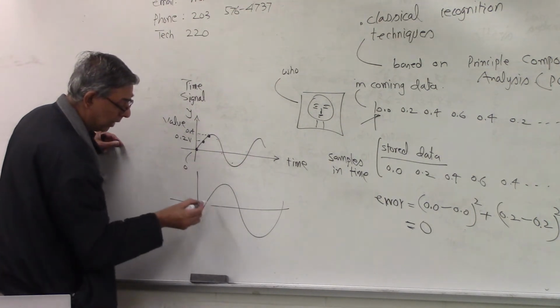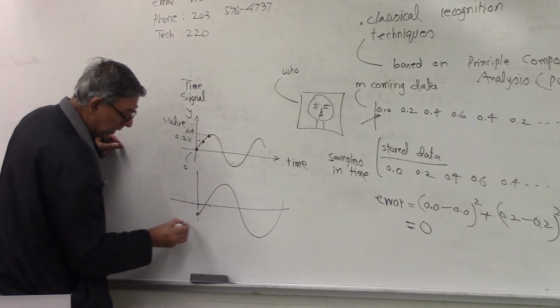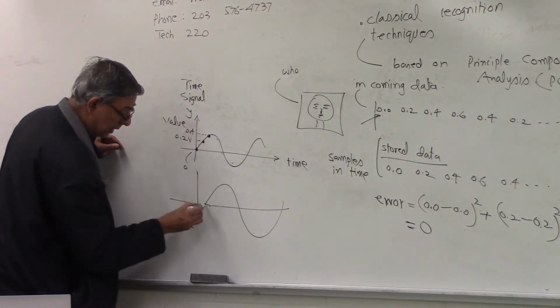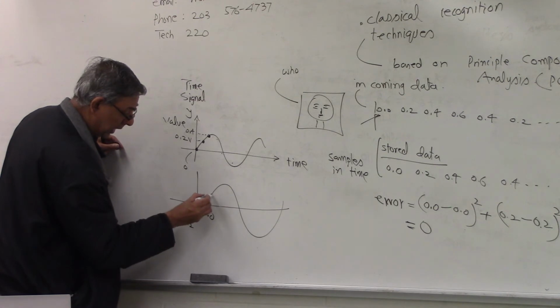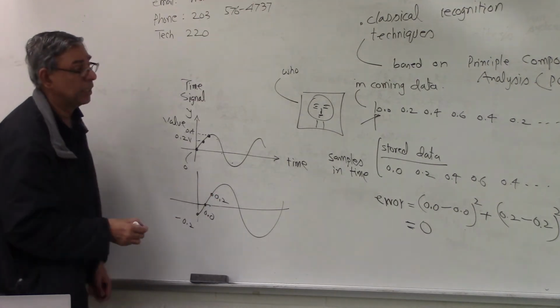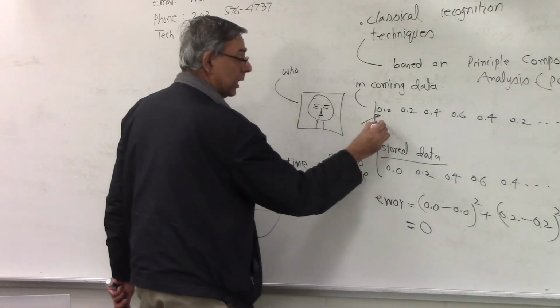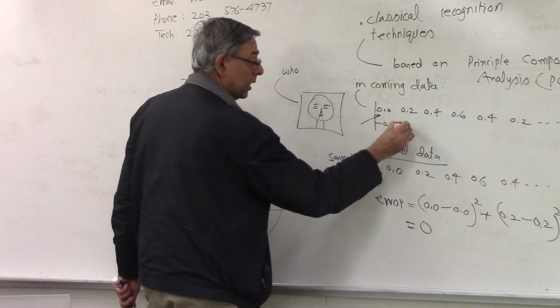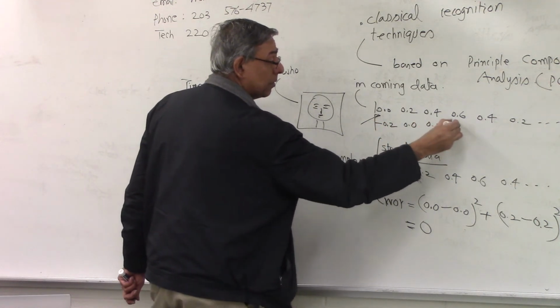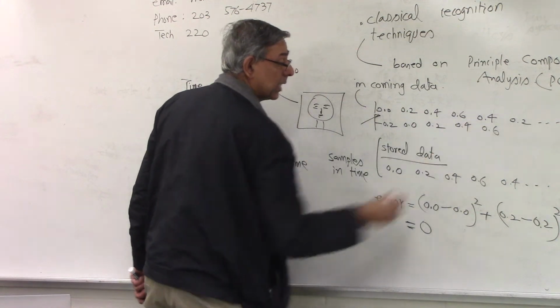Okay, it's still the same type of sine wave, but our first sample is negative 0.2. Our next one is 0. Next sample is 0.2. Okay, so now our incoming data is negative 0.2, 0, 0.2, 0.4, 0.6.